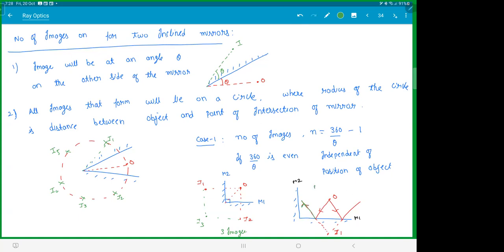So M2 thinks I1 is also an object. That's why it creates I3. So the light rays, after hitting M1, some of them will bounce on M2, and that will give you an illusion that's an image. Check it out.